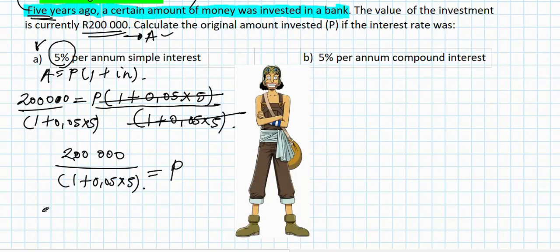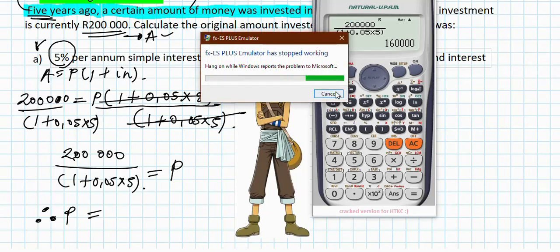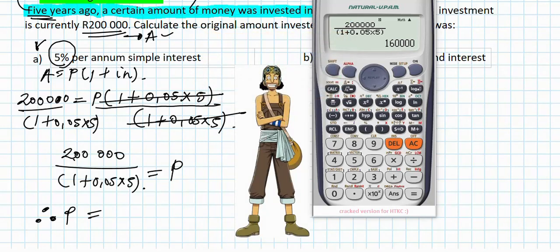So now, therefore, my principal amount value is how much? I'll use the calculator here. The amount I get is 160,000. So let's write that down. Oh, my calculator is being charged. 160,000.